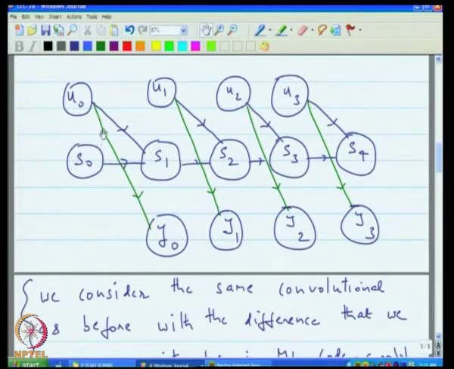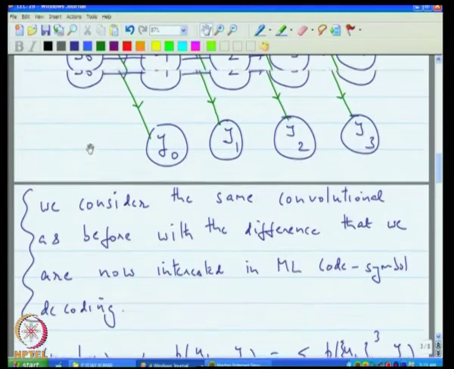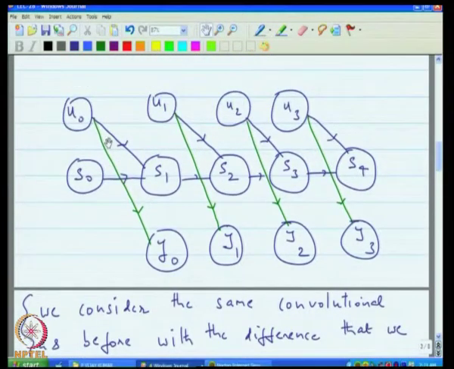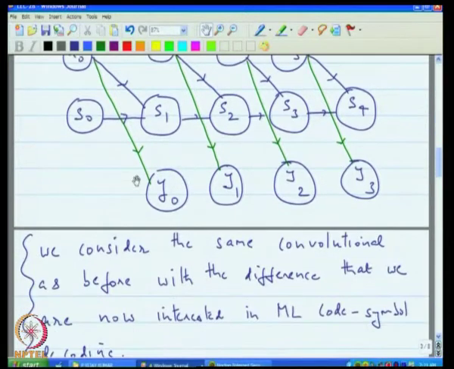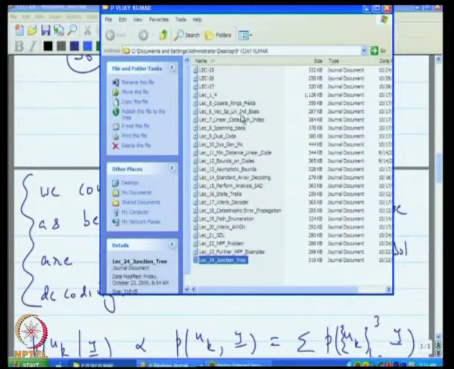Okay. And a similar story holds for the symbols u0. For the present, let us just assume that this is a rate 1 by n code, so that these are binary symbols. If you like, you can keep in mind the convolutional code that we introduced right at the beginning. Let us see if I can pull that up quickly.